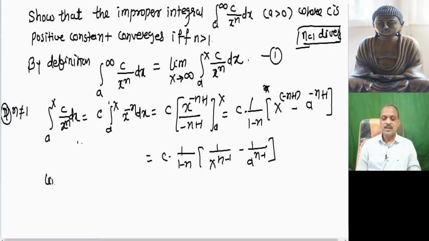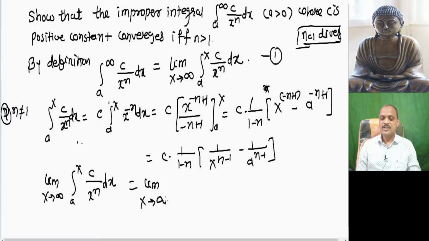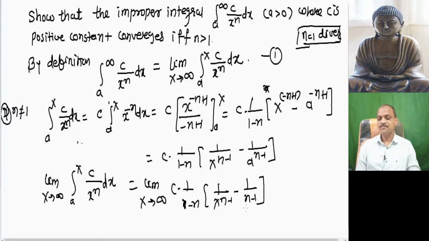Then the limit as capital X tends to infinity of the integral from a to capital X of c divided by x raised to n dx equals the limit as capital X tends to infinity of c into 1 divided by 1 minus n, into 1 divided by X raised to n minus 1 minus 1 divided by a raised to n minus 1. Okay, so let us consider as X tends to infinity.